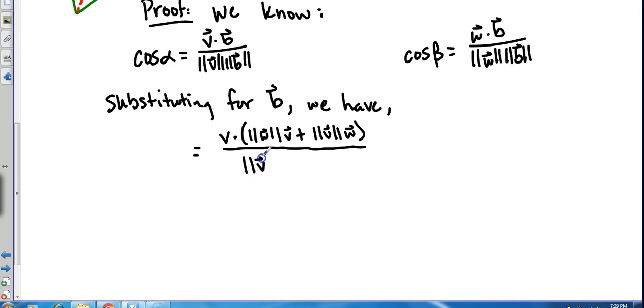So we've got v dot this thing, and essentially we're just going to distribute that. So we're going to have v dot magnitude of w times v plus v dot the second expression in here, magnitude of v times w, and the denominator stays the same.